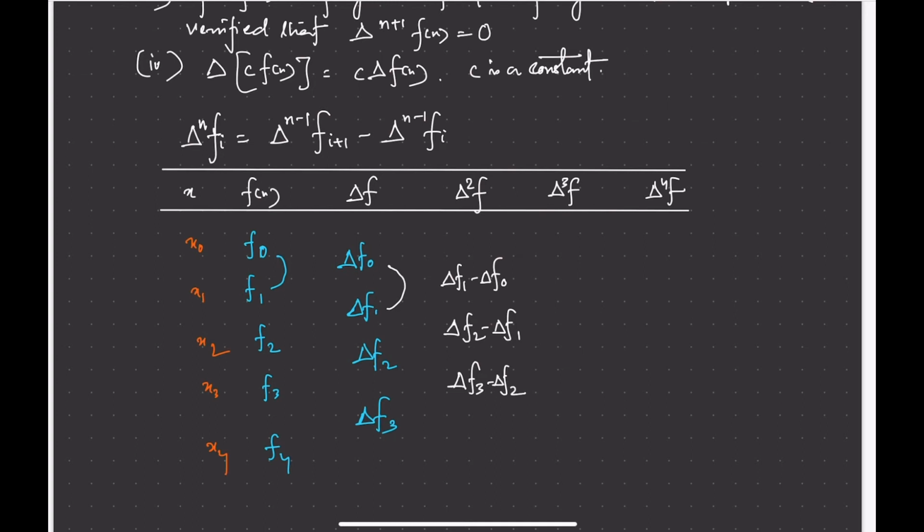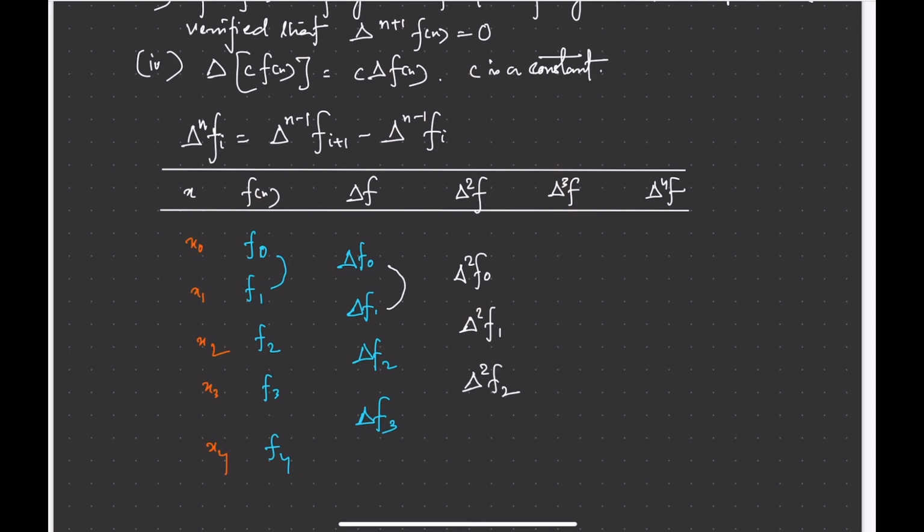Instead of del of f1 minus del of f0, I can replace this by del square of f0. This one I can replace by del square of f1, and this one by del square of f2.